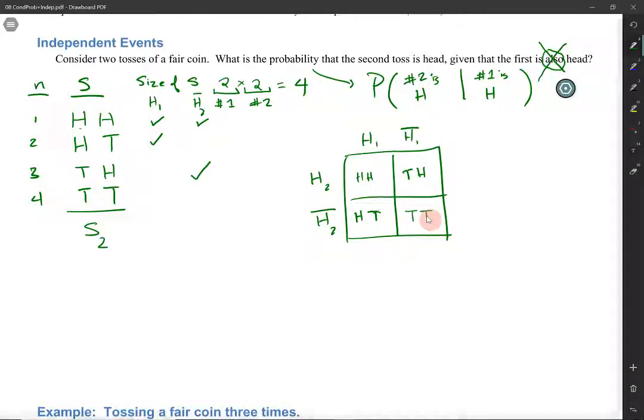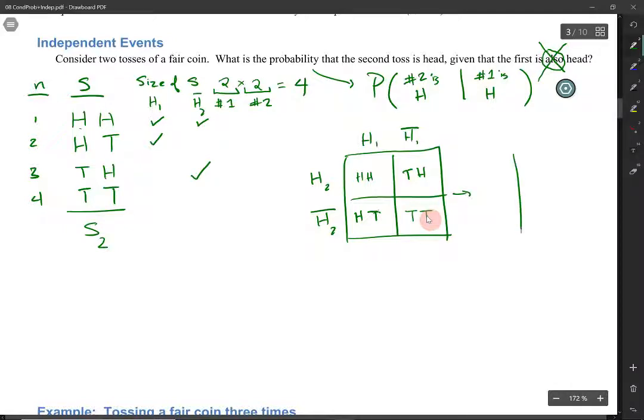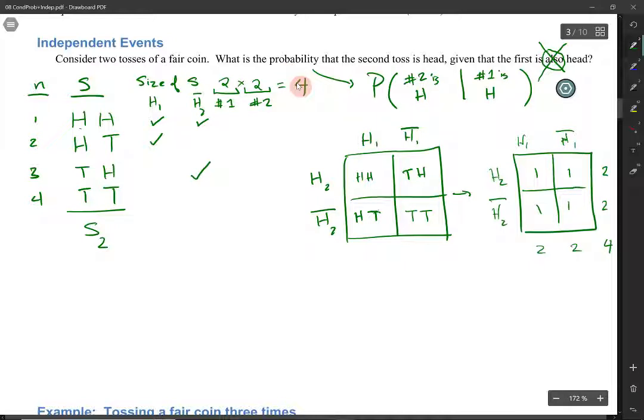So then we have our table with the numbers: H1, not H1, H2, not H2, the complement of H2. There's just 1 in each cell, so there's 2, 2, and here's our 4, and 2, and 2, which gives us our total expected cases.